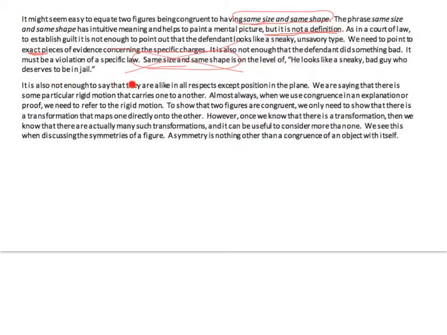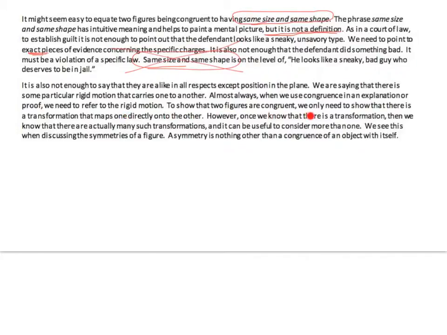It's also not enough to say that they are alike in all respects except position on the plane. We are saying that there is some particular rigid motion that carries one to another. Almost always, when we use congruence as an explanation or proof, we need to refer to the rigid motion. To show that two figures are congruent, we only need to show that there is a transformation that maps one directly onto the other.